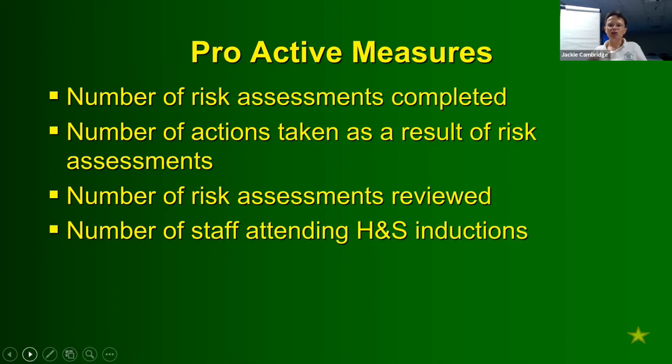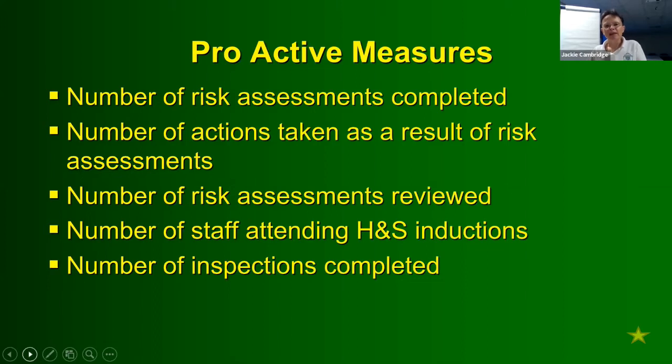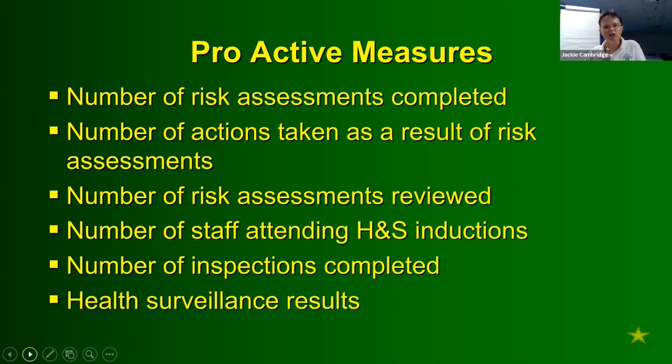So you're measuring what you're doing that's good. The number of staff attending the health and safety induction course, that's a measure. The number of workplace inspections completed. A workplace inspection is a way of monitoring health and safety, but the measure is the number of inspections, or the number of hazards spotted, the number of health surveillance activities undertaken, or the results of health surveillance.